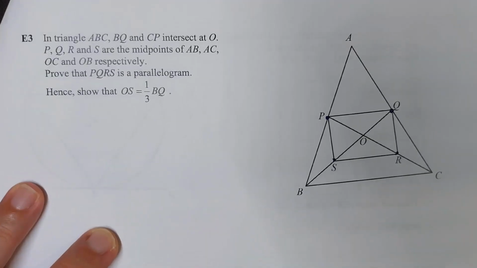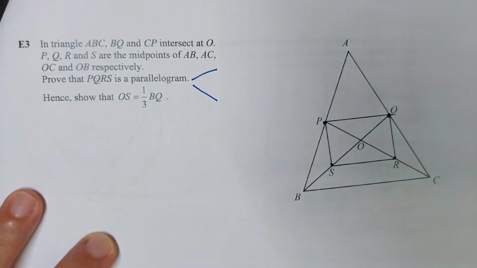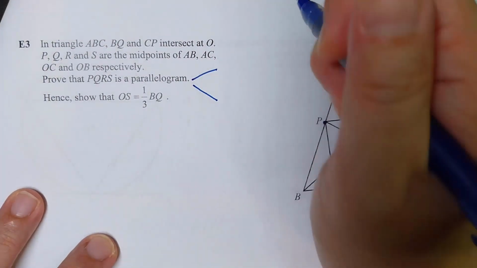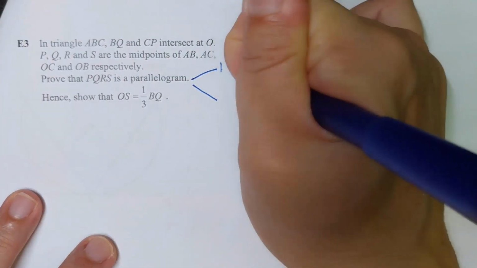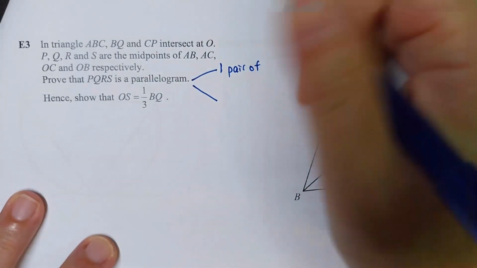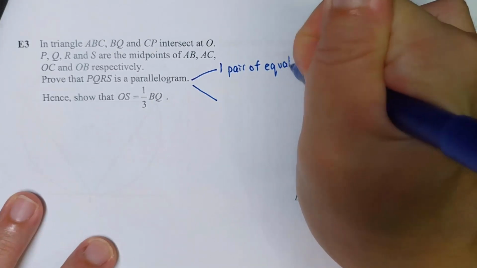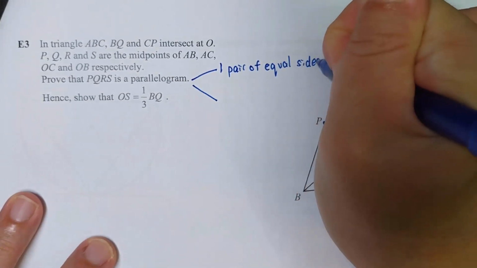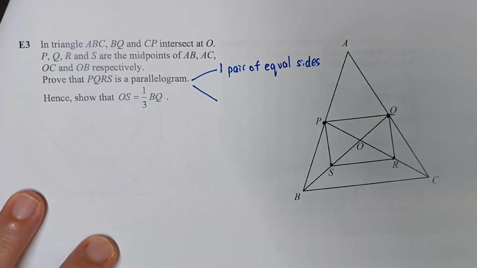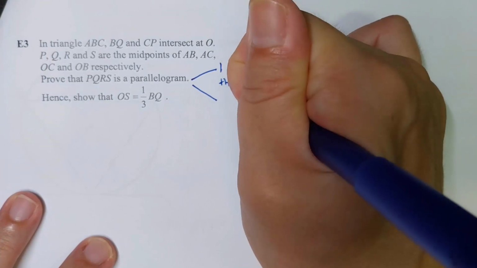To prove that a quadrilateral is a parallelogram, there are two ways to do so. One way is to prove one pair of equal sides, and the same pair of equal sides must be parallel.